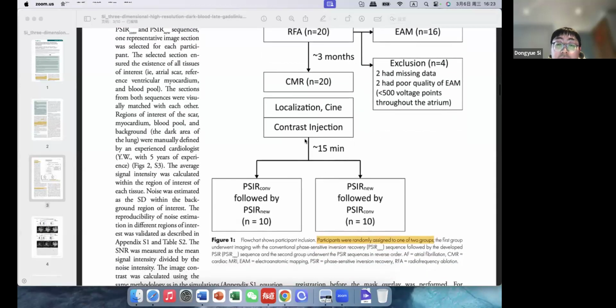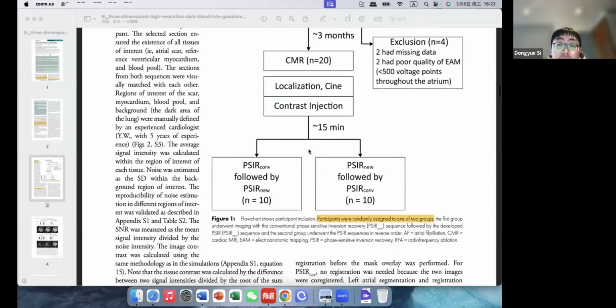After 15 minutes of contrast injection, the patient was scanned with the conventional PSIR image sequence and the proposed new PSIR image sequence. They were divided into 2 groups randomly, with different scan orders.